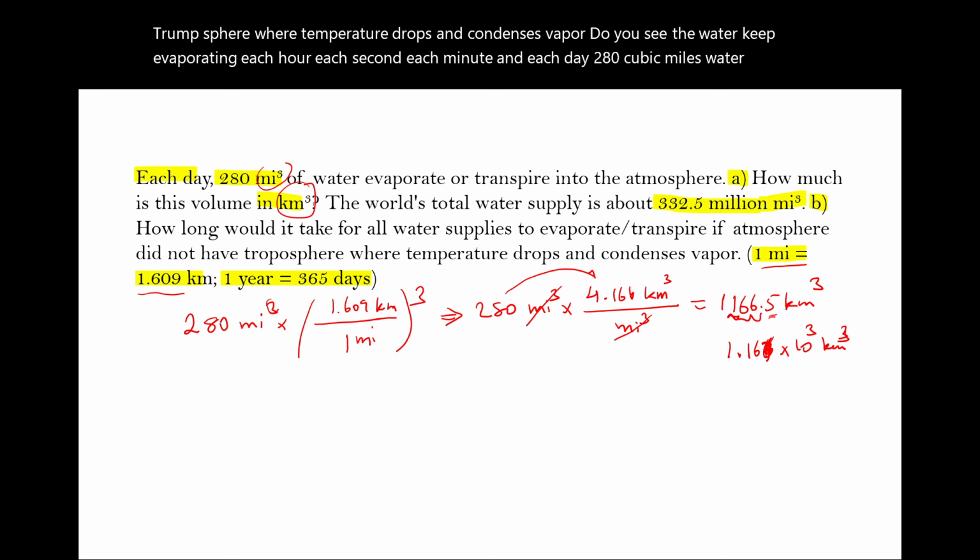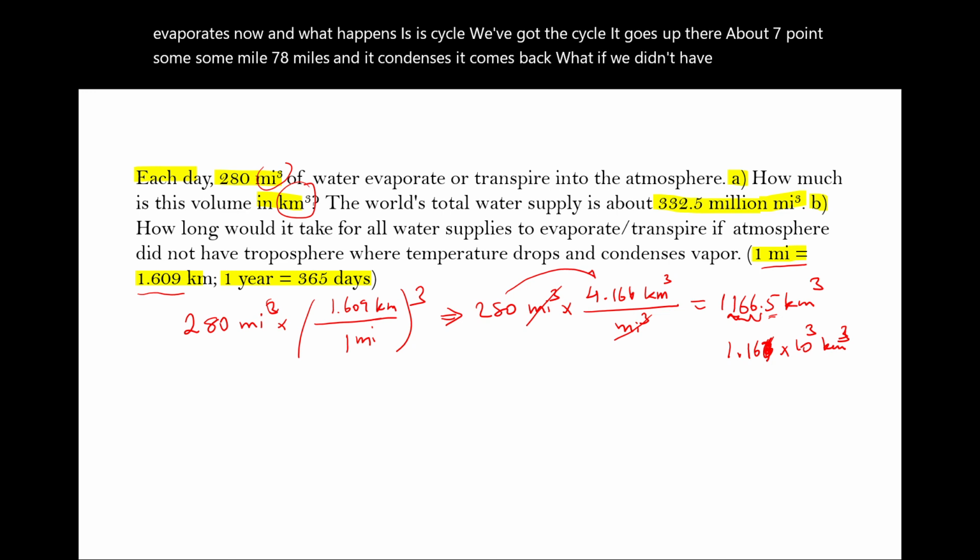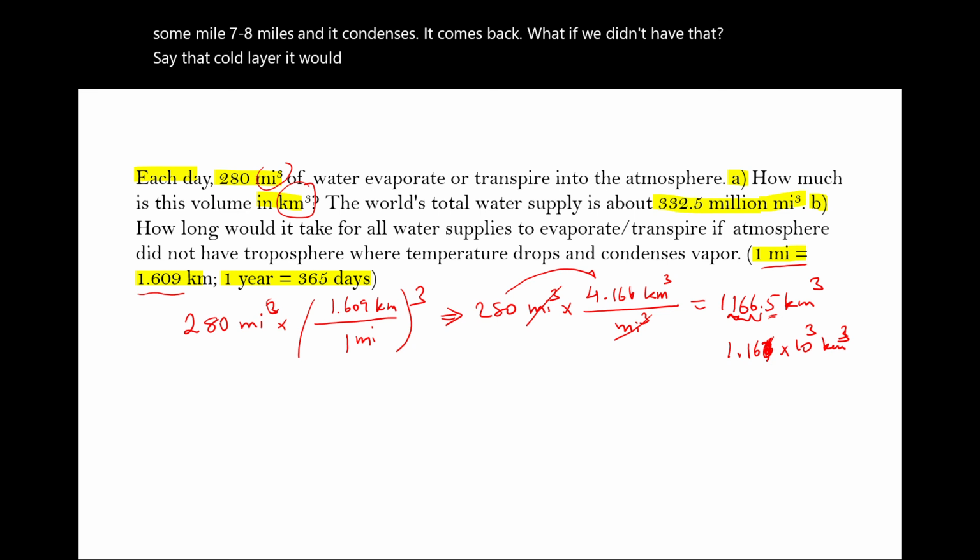Now, what happens is a cycle. It goes up there about 7-8 miles, and it condenses. It comes back. What if we didn't have that cold layer? It would go deep into space, right? And it would disappear.